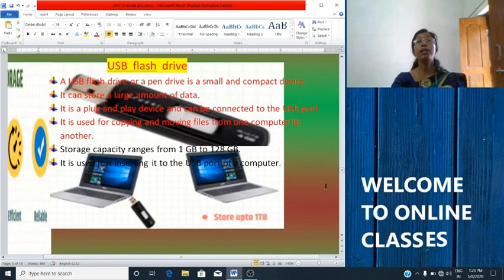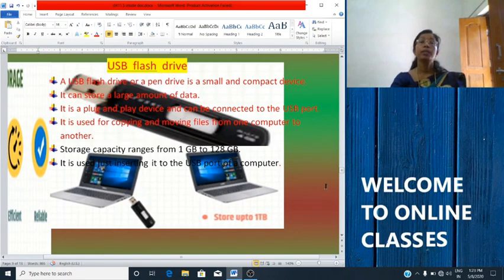It is a durable device. It keeps data safe and secure. We can rewrite data onto it any number of times. It can hold data without the power supply. That means it is a permanent memory.